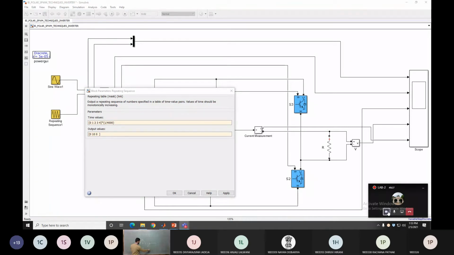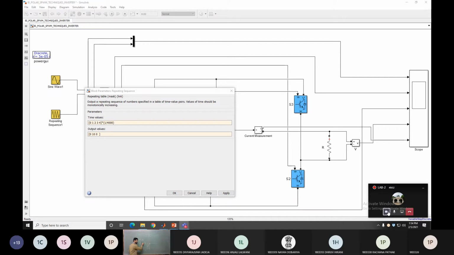So the period of 1 cycle is 1 by 1000. That is the time duration here. So what is the time at this point? 1 by 4000. 1 by 4 is what? 1 by 4000.